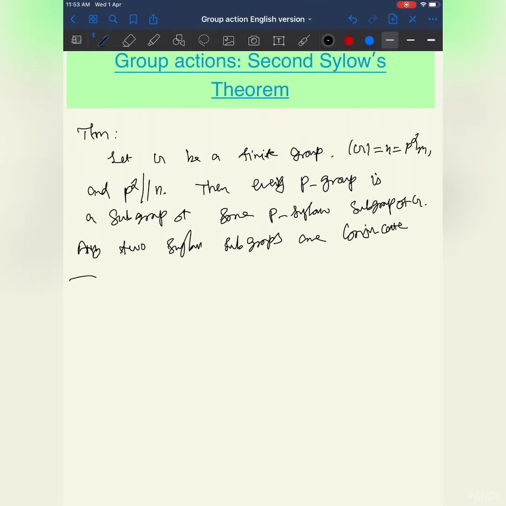Okay, so what does it mean? Let K be a p-group, that means of order p^β, where β is less than or equal to α.